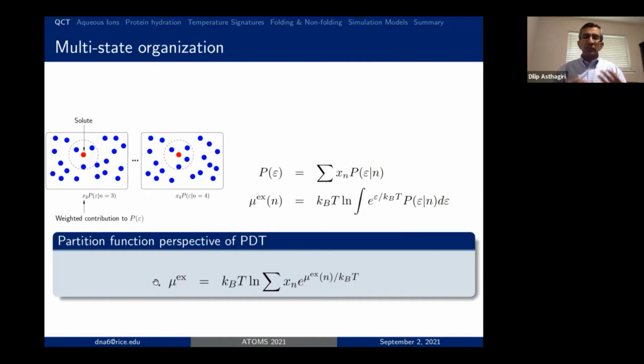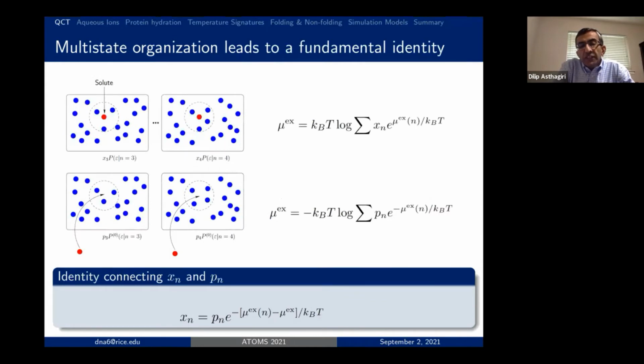So this is the first change that happens. We don't see the PDT as a tool to just get free energies, but now we see it as defining a local partition function. And there is yet another nice feature of this PDT relationship. I can do this process going forward, which is what I showed here, because that's easier for you to understand.